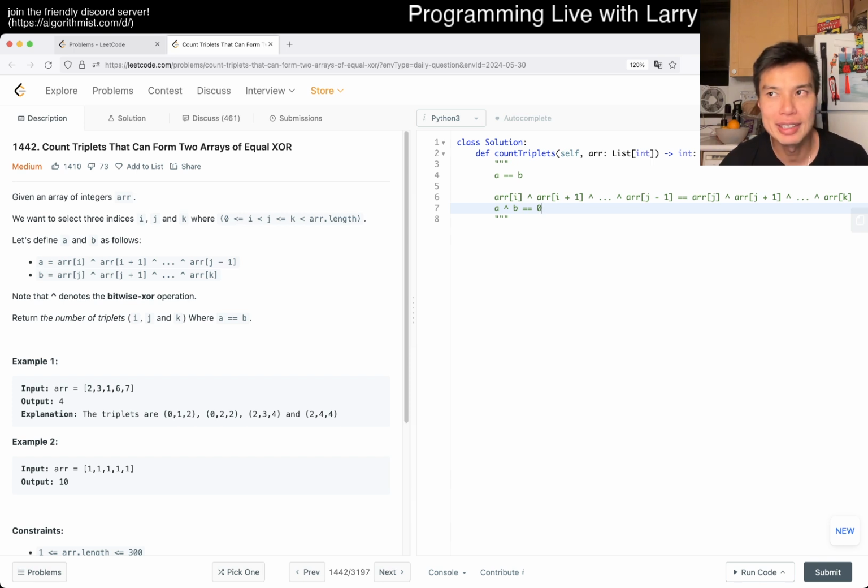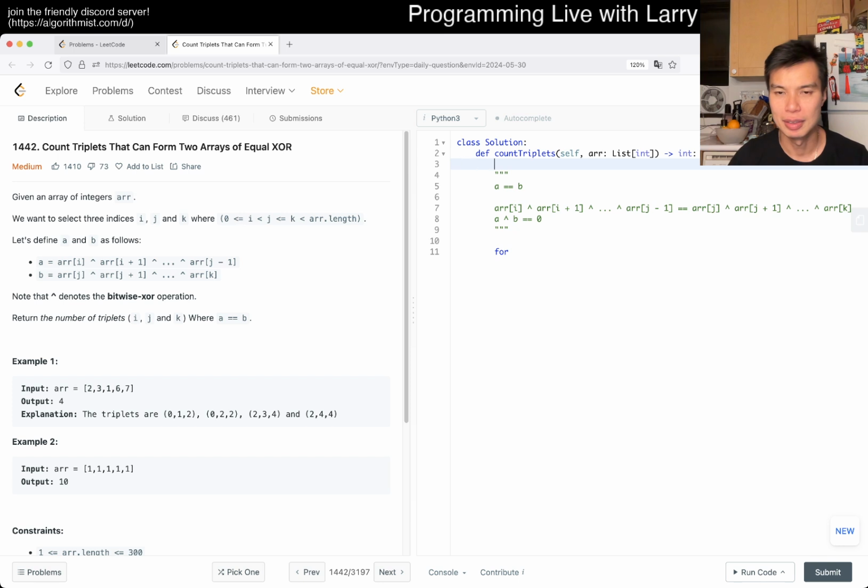now if we iterate, yeah, then from that we can probably do something. I guess this doesn't actually add anything, because if we do something like for J in range N, for K in range J to N, in this case we have some XOR number already, so X is equal to 0.